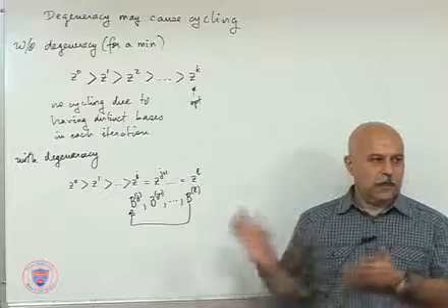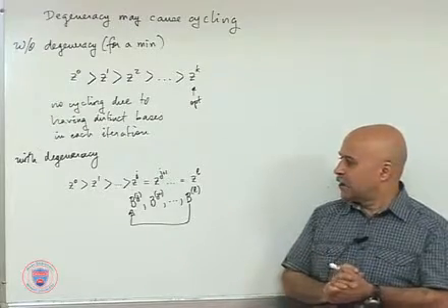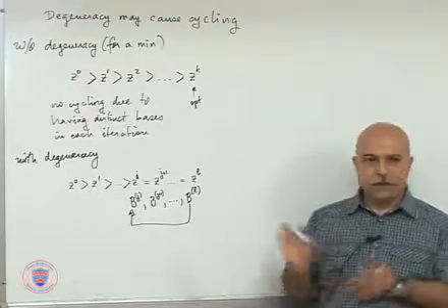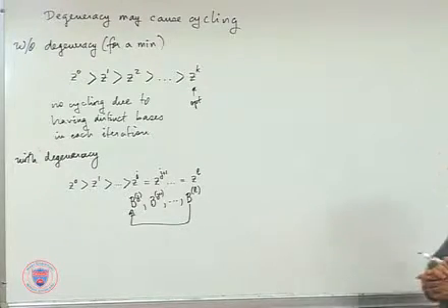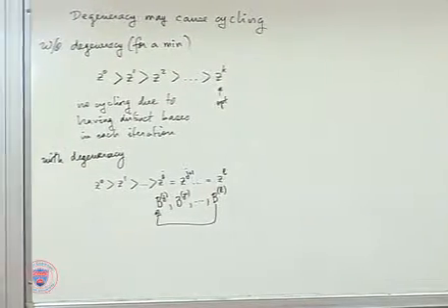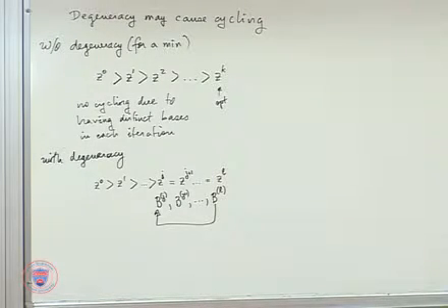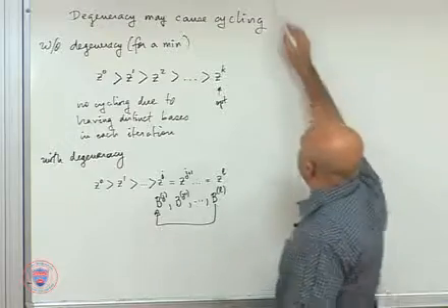So it doesn't mean that this will occur all the time. Nevertheless, this is a possibility, and so if you don't want to go through an infinite cycle of iterations doing nothing, then of course you want to take some precautionary measures for that.